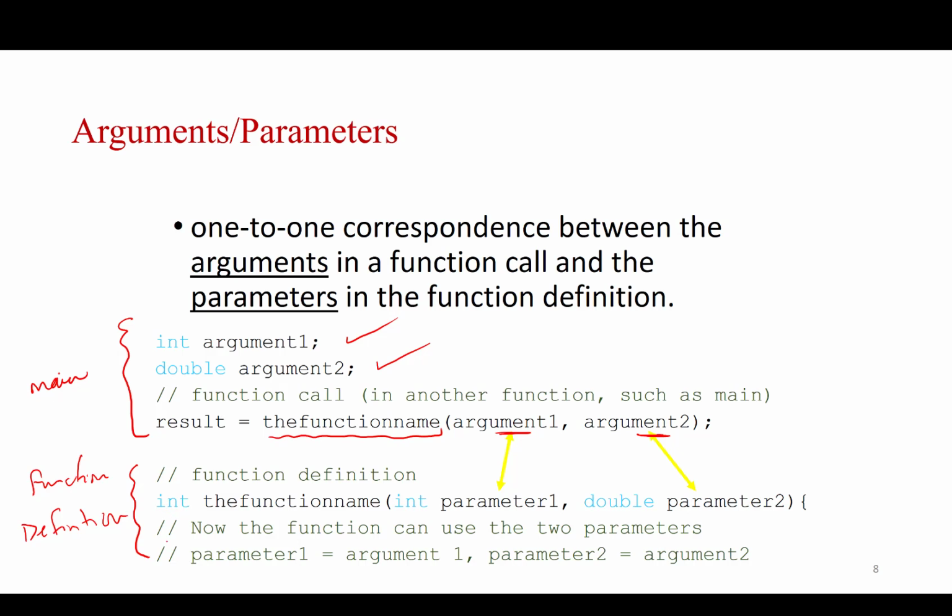So here, int the function name, and then int parameter 1, double parameter 2. What is the meaning of that? For each parameter you have to specify its type. Is it a character? Is it an int? Is it a double? Whatever. You have to specify that in the definition. But if you are calling the function, you just have the argument and argument, right?